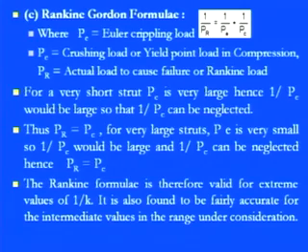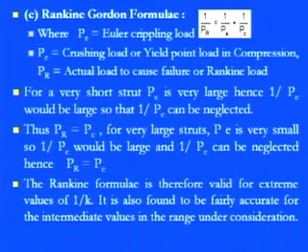Thus PR is equal to PC for a very short strut. Again, we have to be careful: if we are talking about a large strut, then PE is very small, so 1 by PE would be large, and 1 by PC can easily be neglected. So we have PR equal to PE for the large strut, where the crushing load is mainly responsible for the buckling.